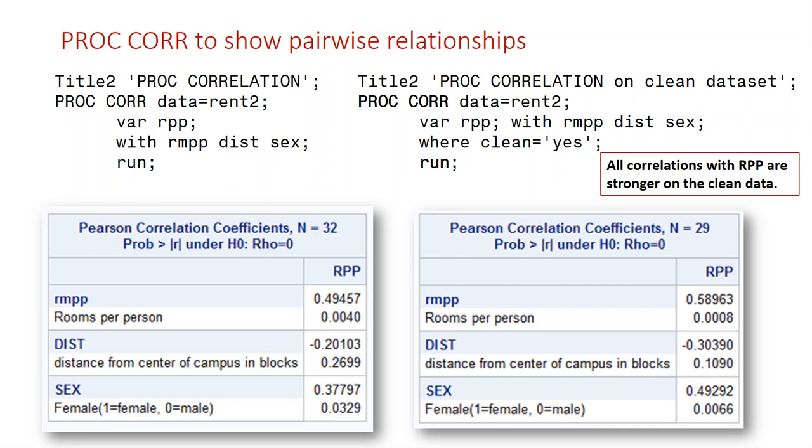And we see in the Pearson correlation coefficients for both the full and the clean sample that the correlation between rent per person and sex is significant. The p-values are very low, 0.0329 and 0.0066, and the coefficient, the relationship between sex and rent per person, seems to be quite high. In fact, on the clean data, it's even higher than on the full sample.